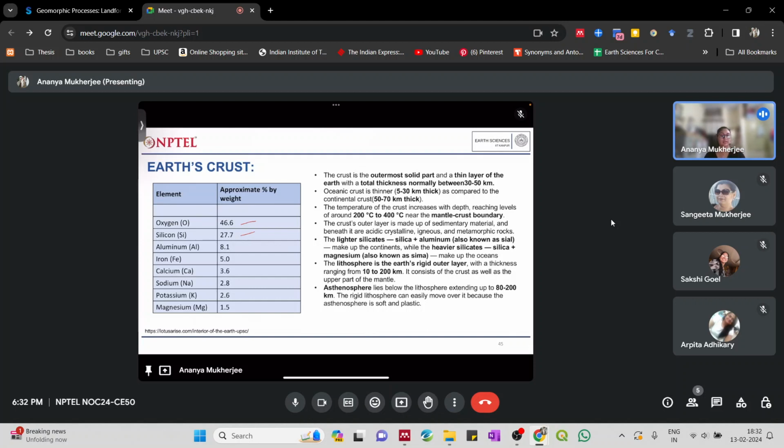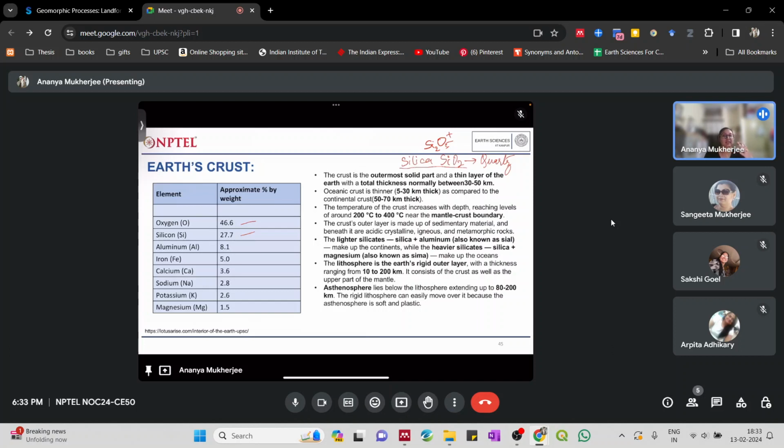Silicate is mostly in the form of SiO, so you can have different forms, Si2O5 also. SiO2 in itself is the mineral quartz, also called silica, and this is one of the most abundant minerals found in Earth's crust.